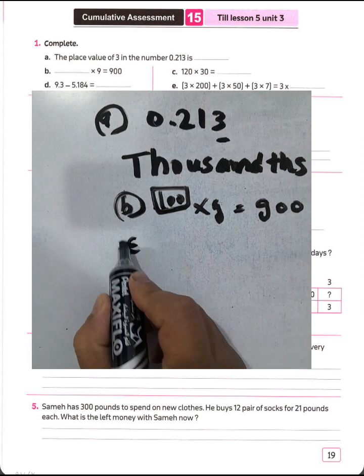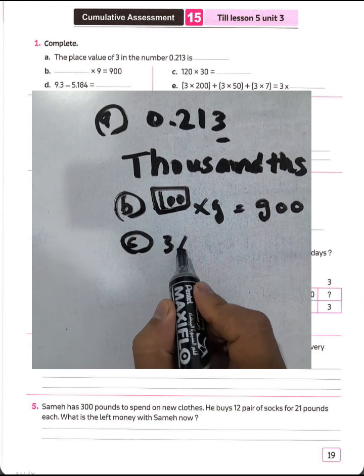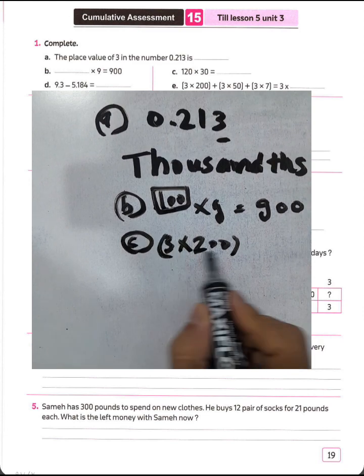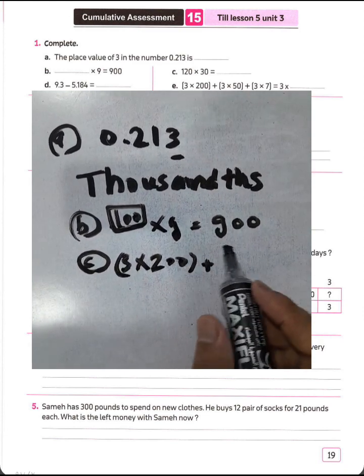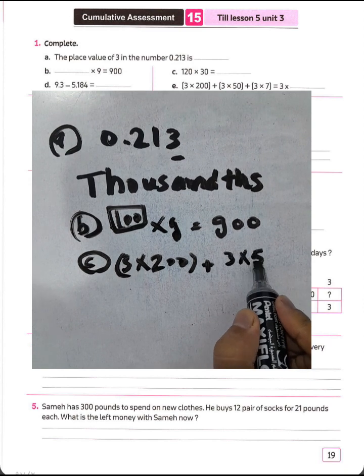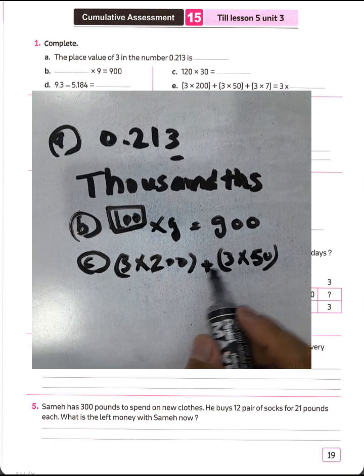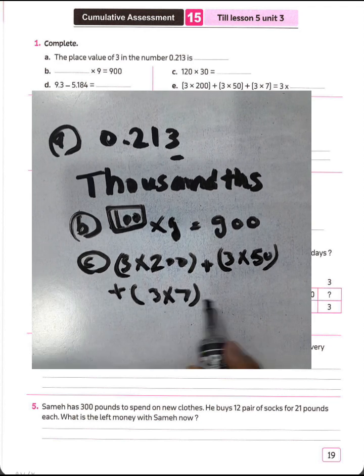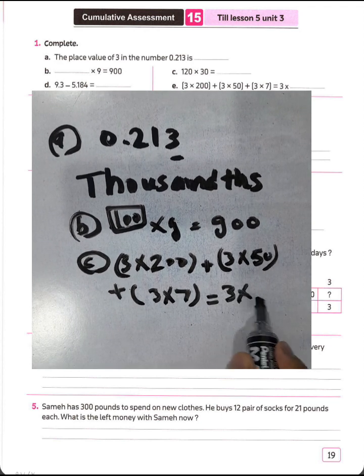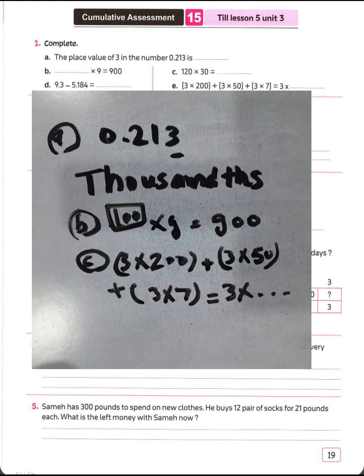Letter C. 3 times 200 plus 3 times 50 plus 3 times 7 equals 3 multiplied by what? We used the distributive property here.